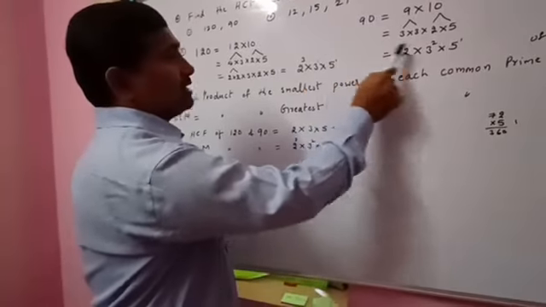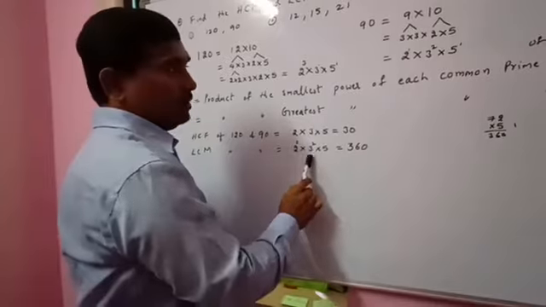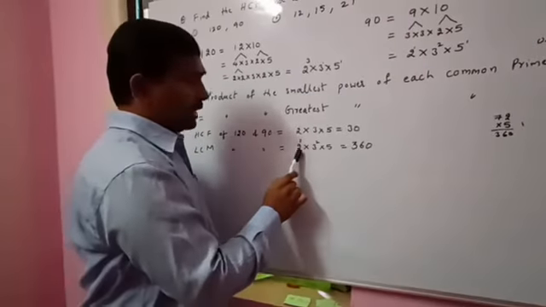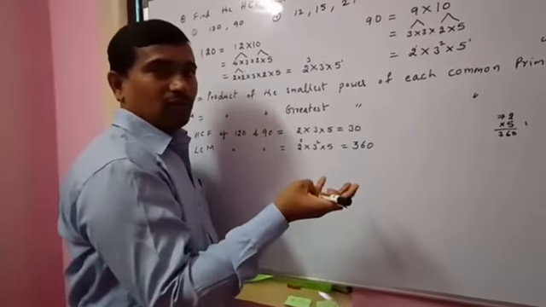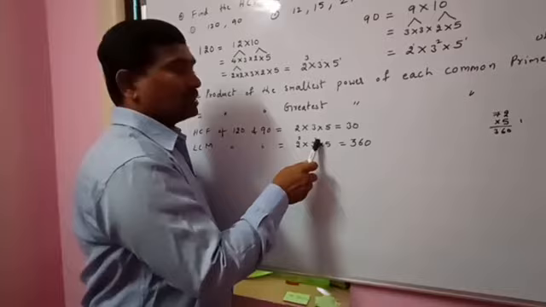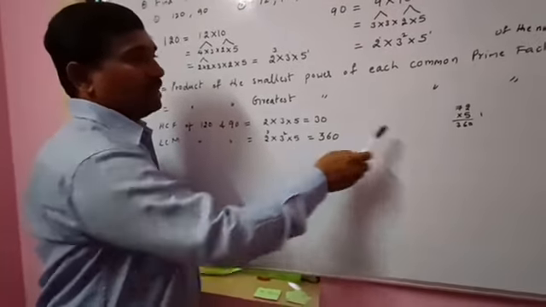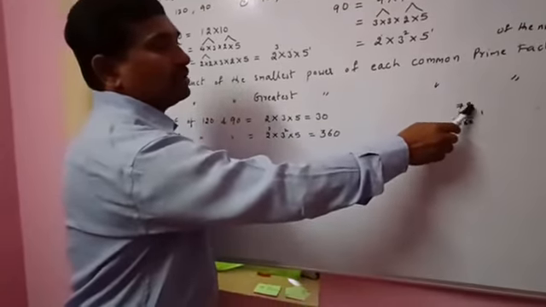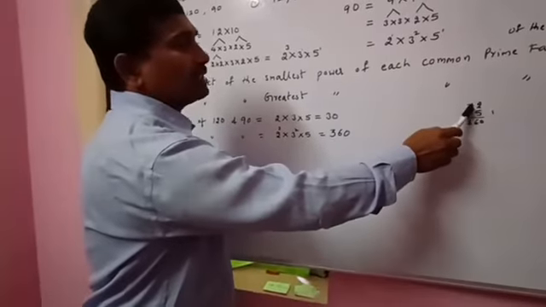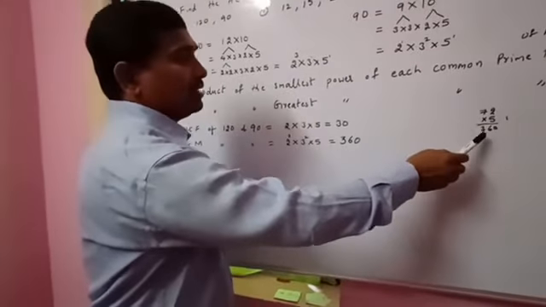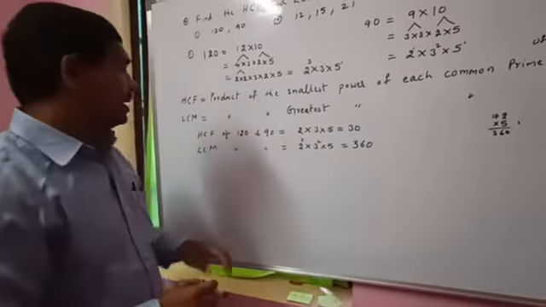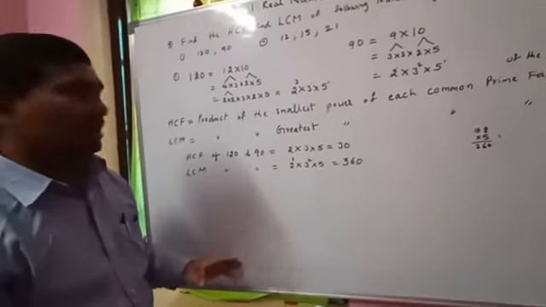What is the greatest power? 2. Take 3 power 2. And 5. 2 cube: 2 2s are 4, 4 2s are 8. 3 square is 9. 8 9s are 72. 72 into 5: 5 2s are 10, write 0, carry 1. 5 7s are 35, 35 plus 1, 36. So 360 is the LCM of the two numbers.